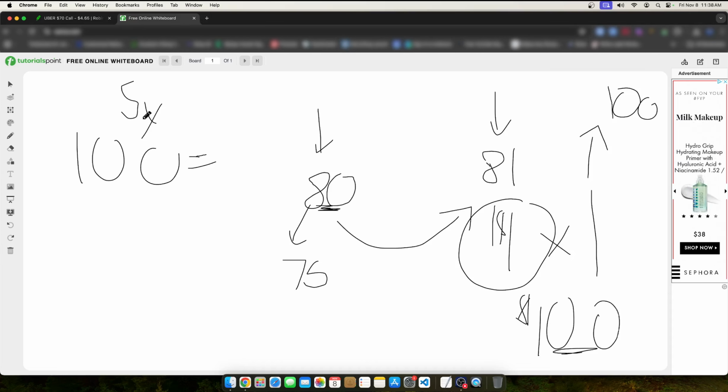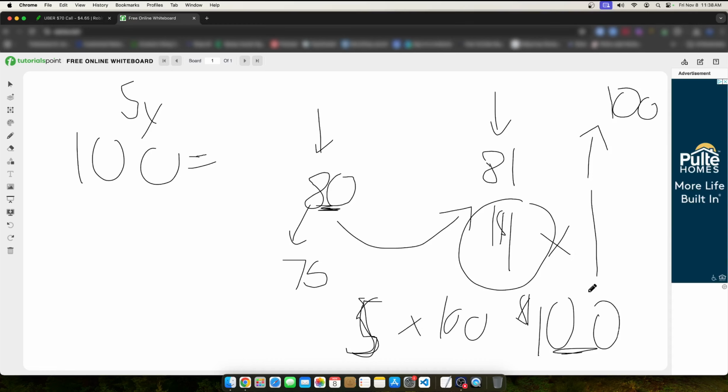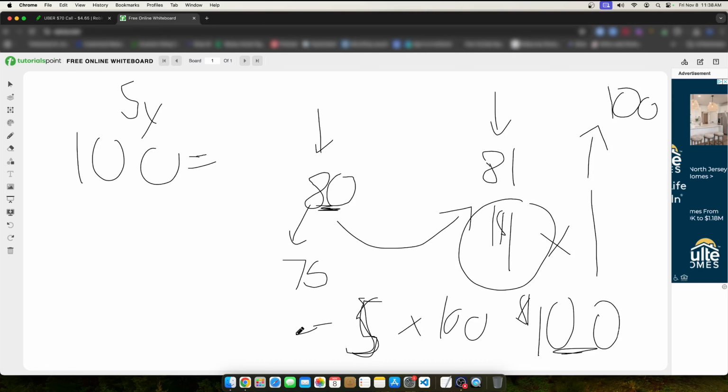We're taking $5, because that's the gap between 80 and 75. I'm going to try to draw a good 5 here. All right, sorry for my handwriting, but 5 times the 100 shares, because there's only one contract, which in this case is $500. So essentially, your total would decrease by $500.